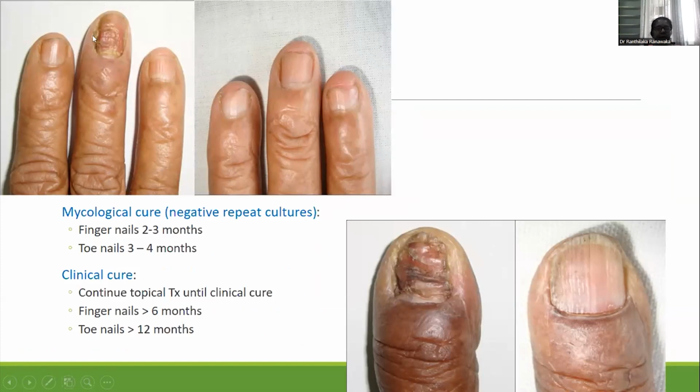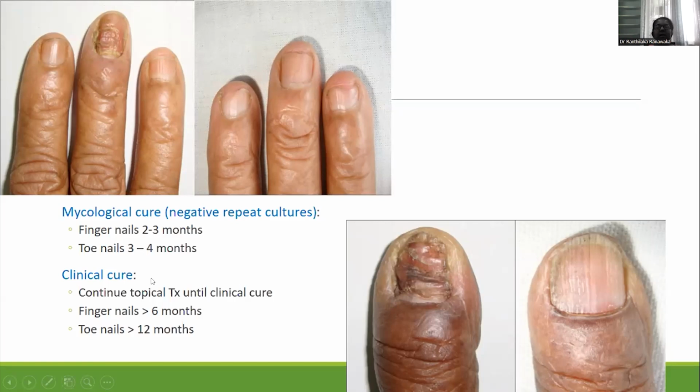Like if you do the culture first, then repeat it after your treatment, if the fungi are negative, that is mycological cure. But that is not important to us or the patient. The patients are worried whether they get clinical cure, whether their nail comes back to normal, right?